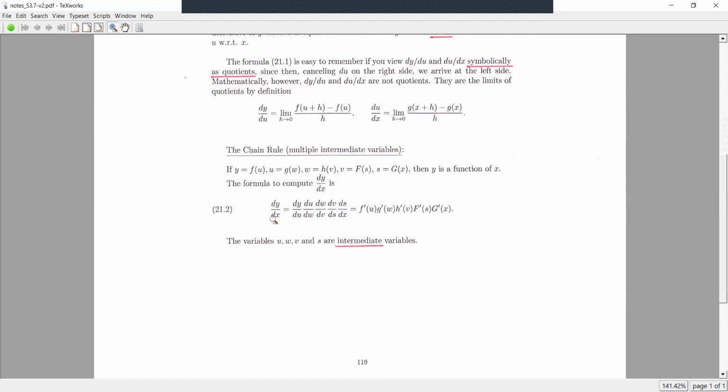Essentially, this chain rule says that the derivative of this composite function is the product of the derivatives of all these functions.